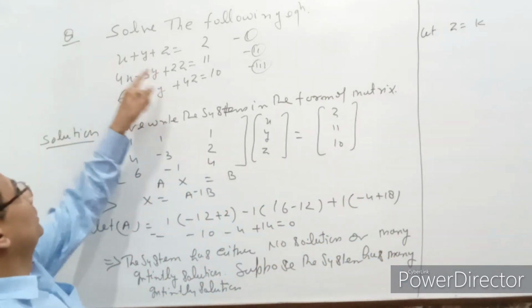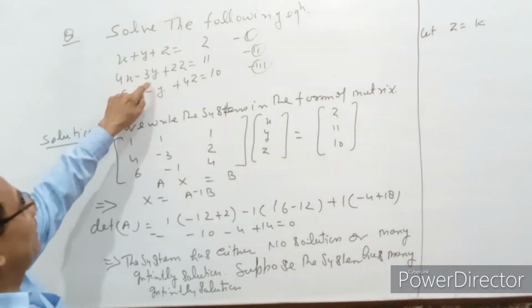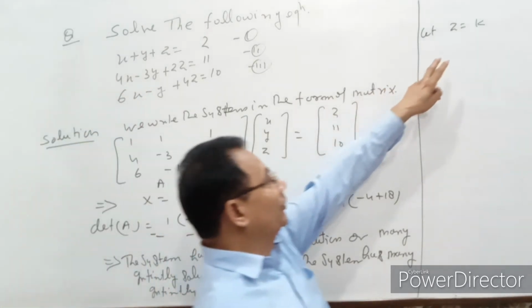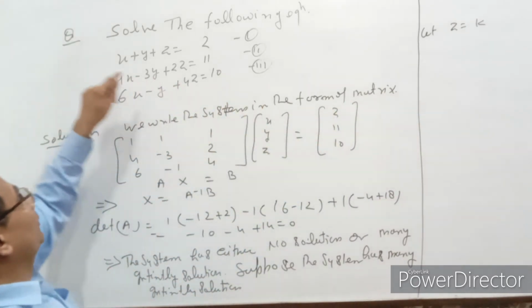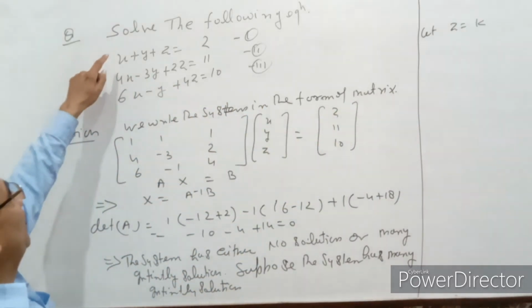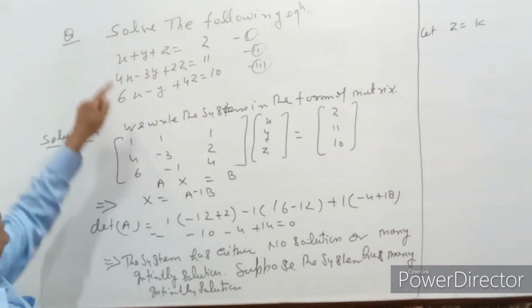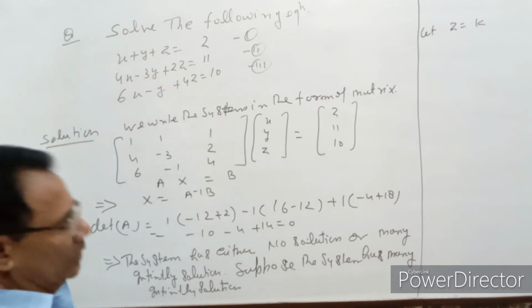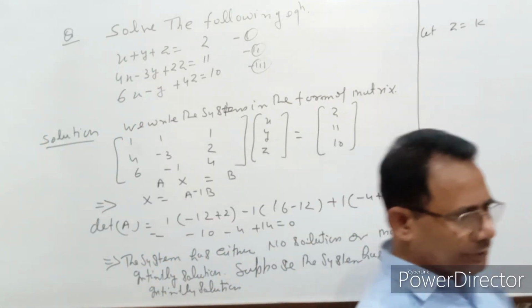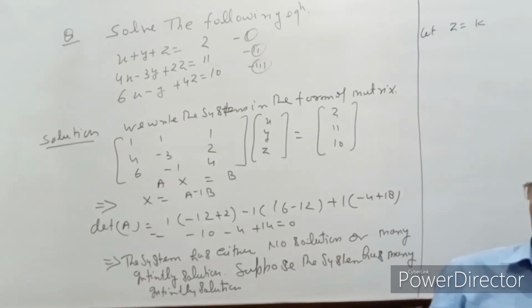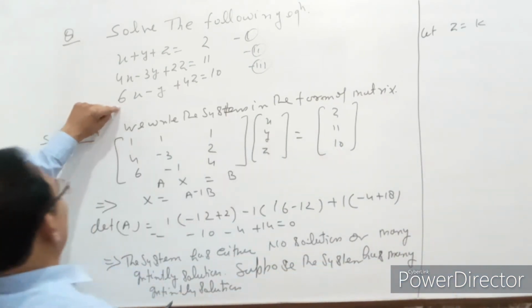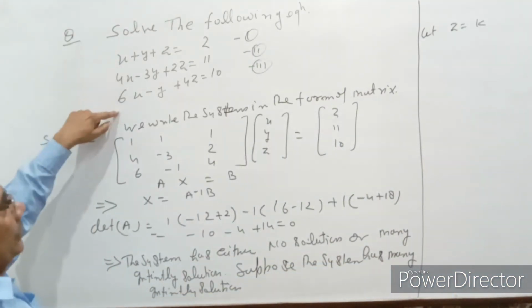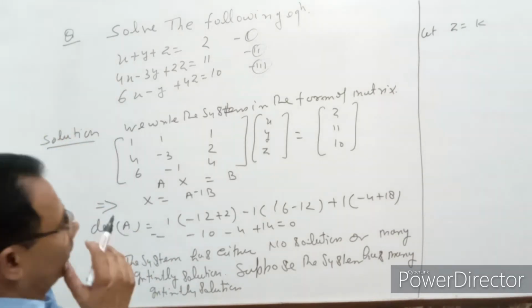If this value is 0, then we change our assumption z is equal to k. In this case, we assume the value of either x or y is k. Again we check the same. If the product of these does not equal 0, then we continue the question. Otherwise we change again the equations, put in either first or second or third equations.